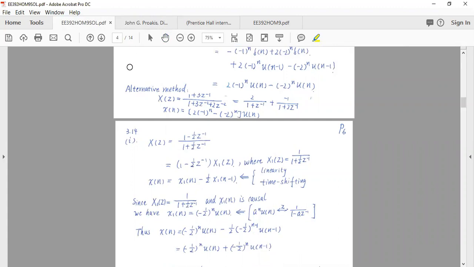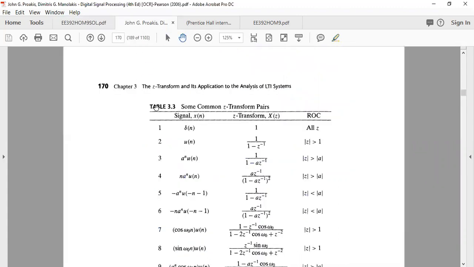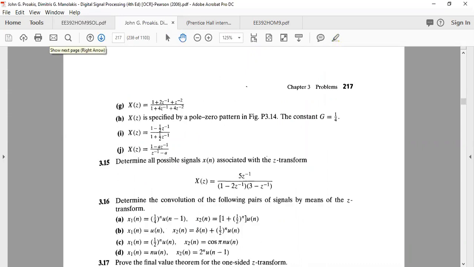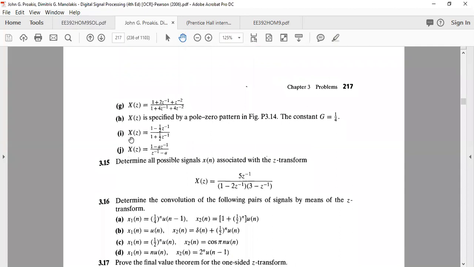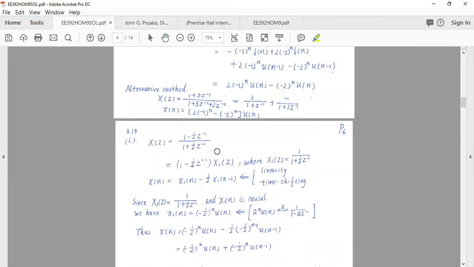Now 3.14i. In 3.14i, we get this particular signal x of z equal to 1 minus half z to the power of -1, whole thing upon 1 plus half z to the power of -1. What we can do is rewrite this signal.